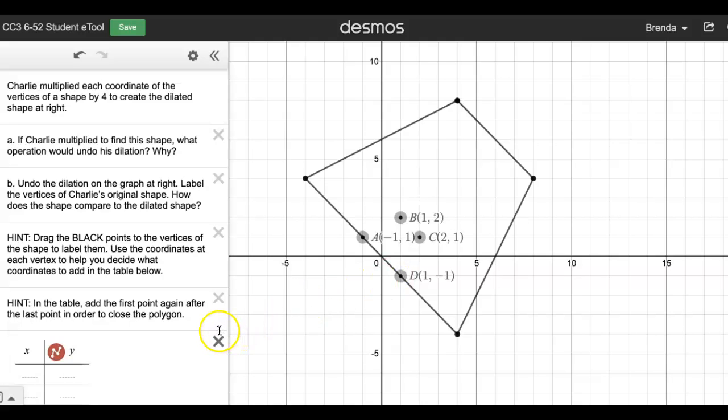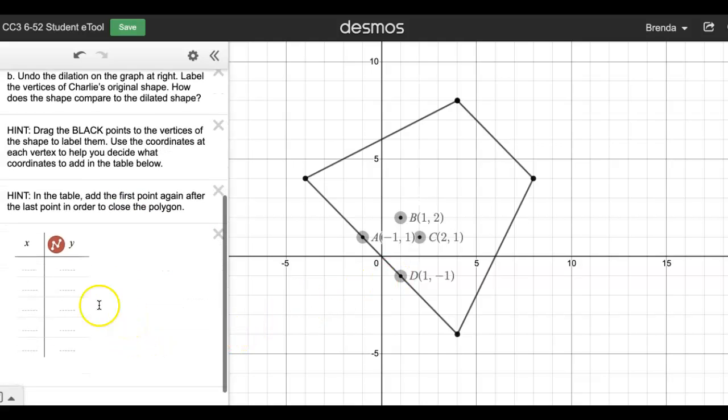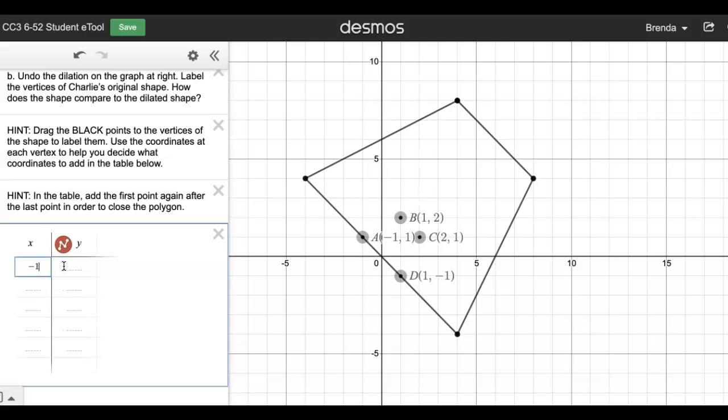Now, in order to connect those dots, you'll see you have a table here. So you're going to put in the coordinates in order that you see them. So -1, 1, 1, 2. See how they will start connecting to 2, 1, and then to connect, whoops, my bad.